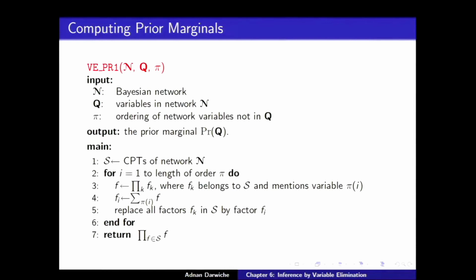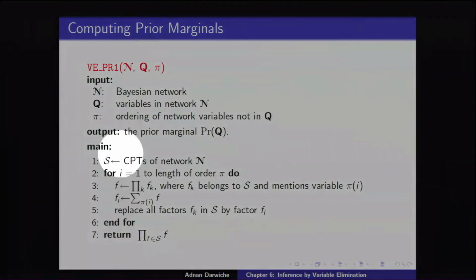Now, the key thing about this algorithm and about its complexity is the following. The main loop here will execute how many times? The worst case, n, which is the number of variables. Inside it, what's happening? There's line 3 and line 4. Complexity-wise, are they different?